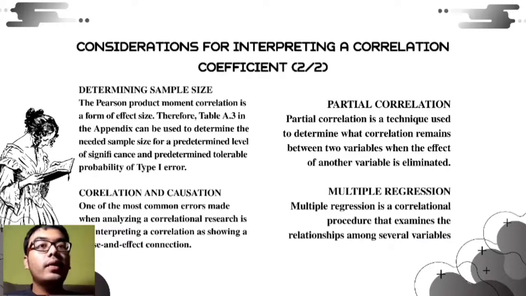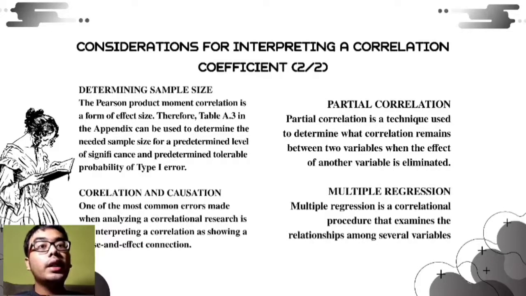For example, if a significant positive correlation is found between the number of hours of television watched per week and above average body weight among middle school pupils, that does not prove that excessive television watching causes obesity.